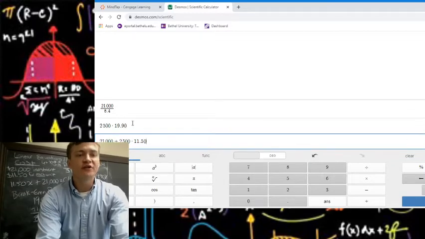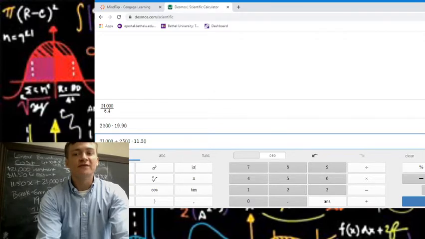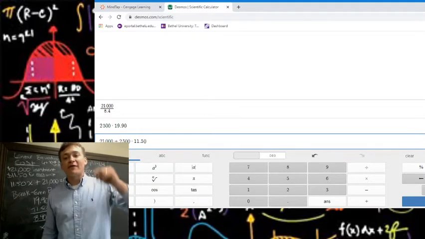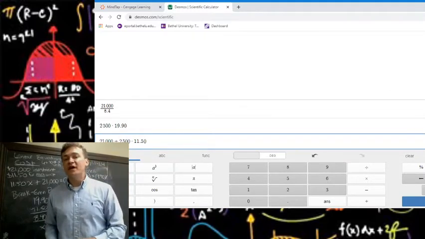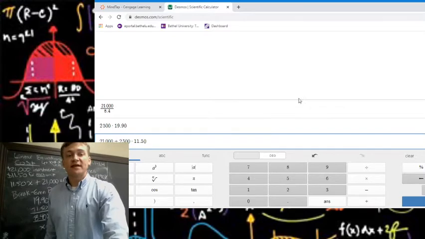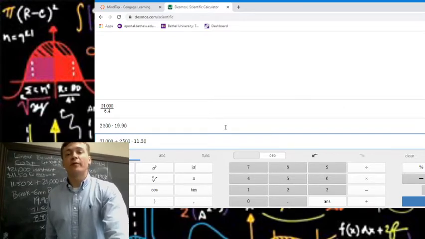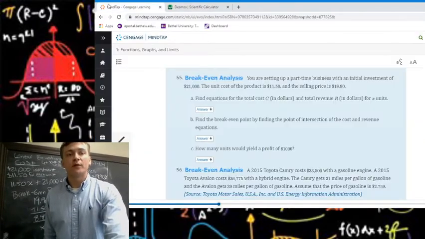The revenue equation said at 2,500 units, the revenue is $49,750. At 2,500 units, the cost is $49,750. So we can see there, they're exactly the same. So what is our break-even point? At $49,750, we must sell 2,500 units in order to break even.